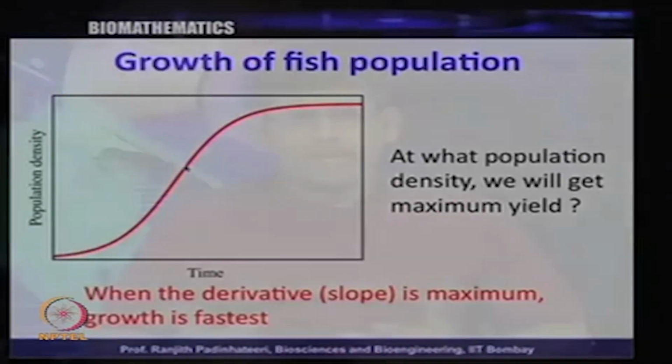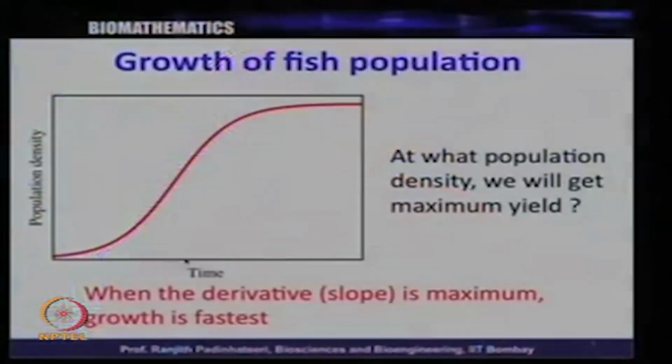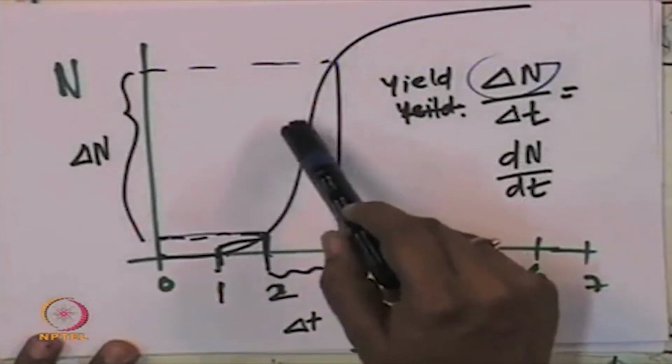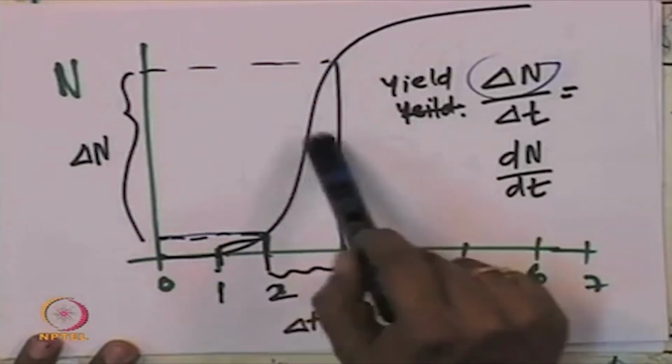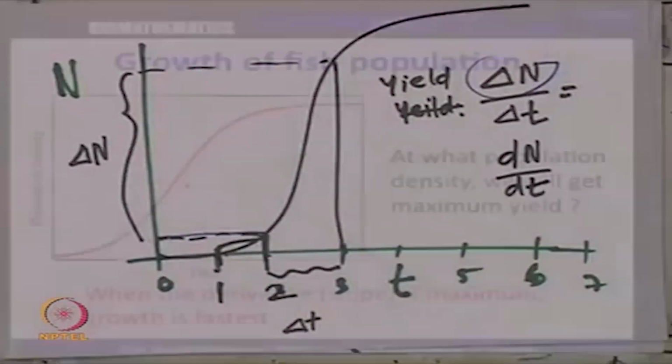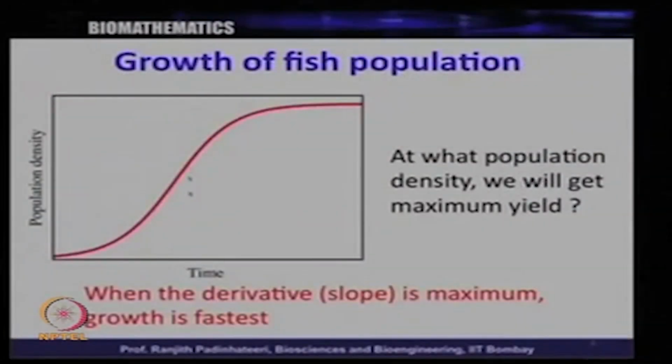So, this idea of derivative essentially helped us to understand where, at what time, we get the maximum yield. After the second day, in this graph, you get the maximum yield. Here also somewhere here you will get the maximum yield.